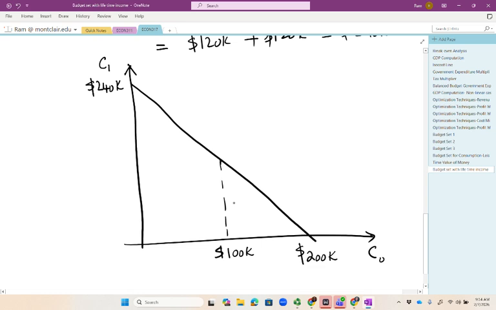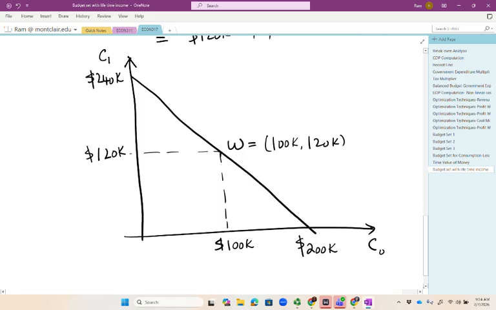So 100k when working, 120k when retired. And I have said before, we will use notation omega as the endowment. So 100k here, 120k the future income, and this gives us the budget set.